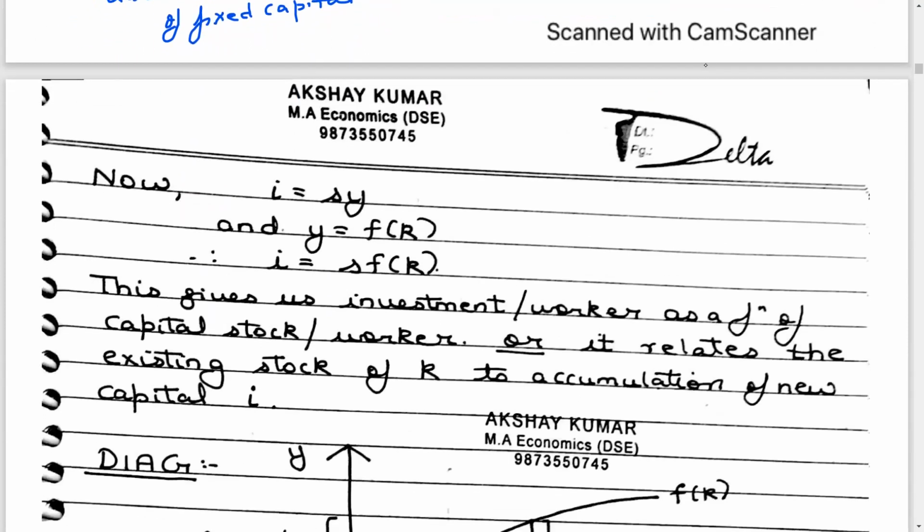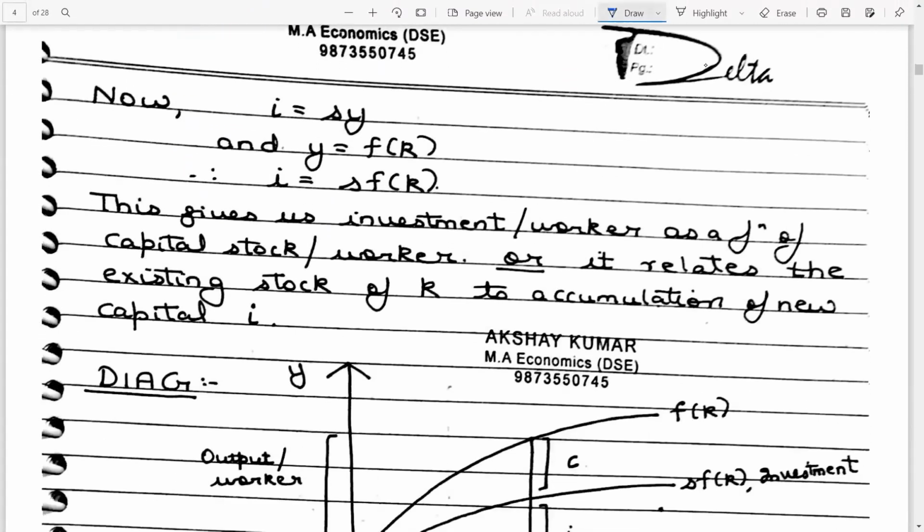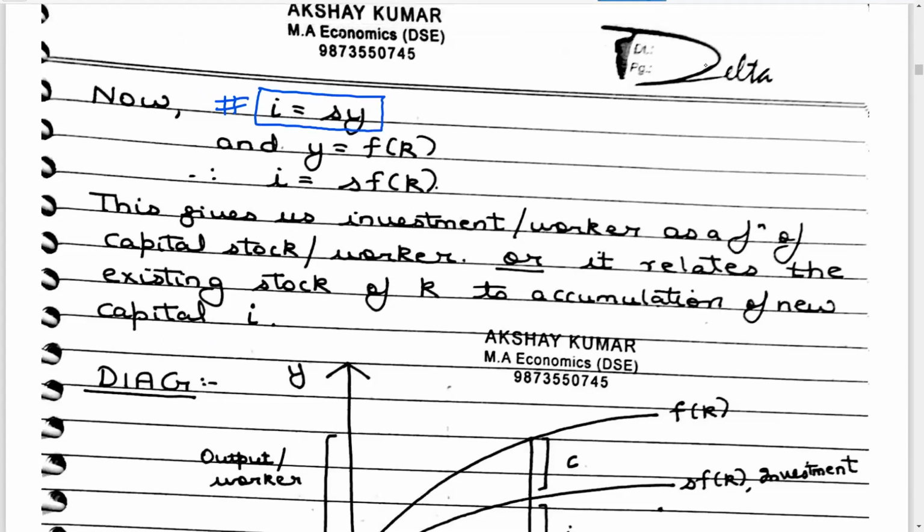So now let's come to the equations. We had done this equation: investment is equal to savings, I equals S times Y. We know that output per worker is nothing but a function of the capital stock per worker.